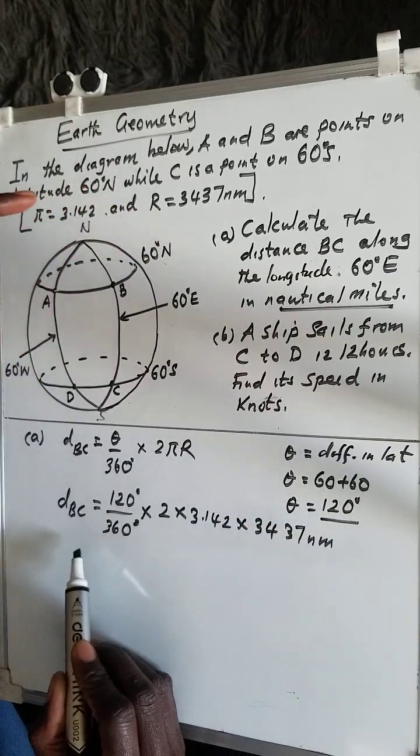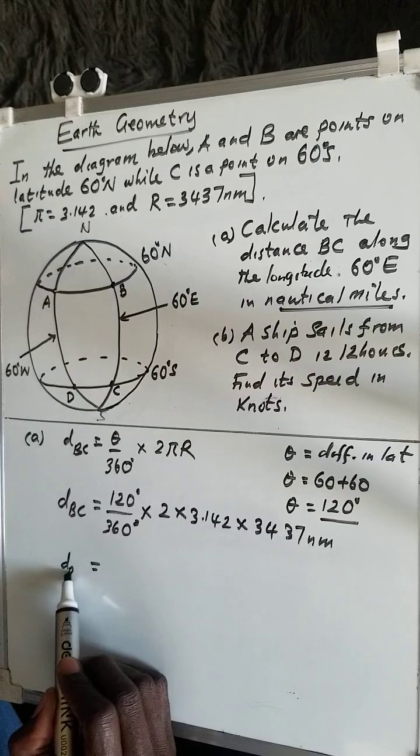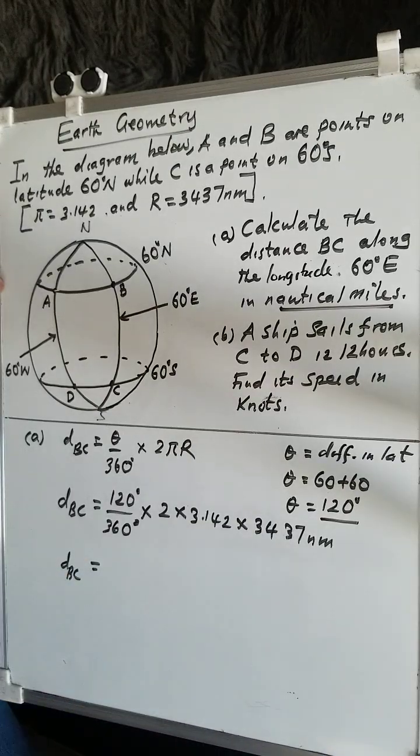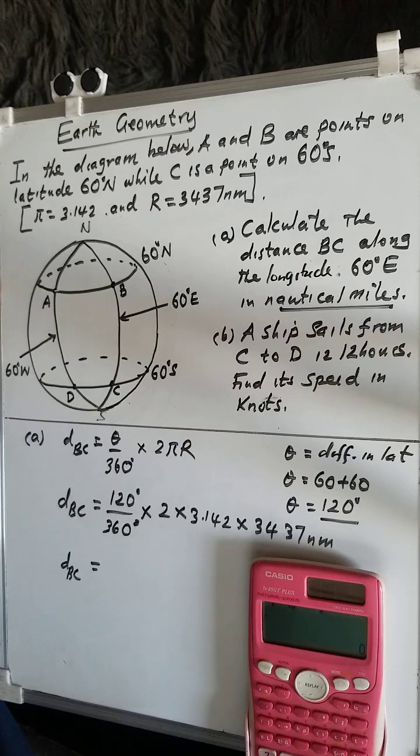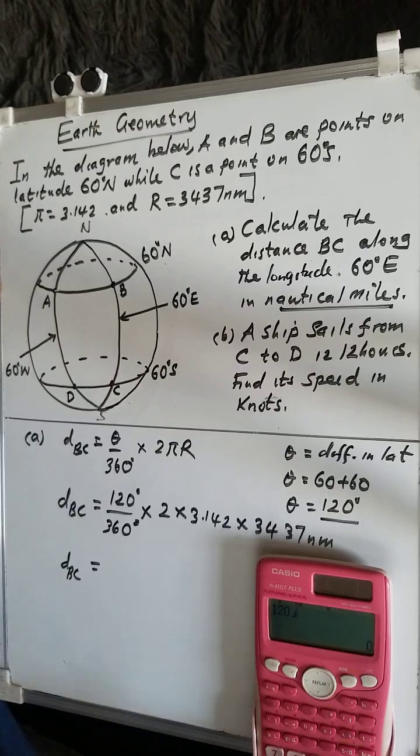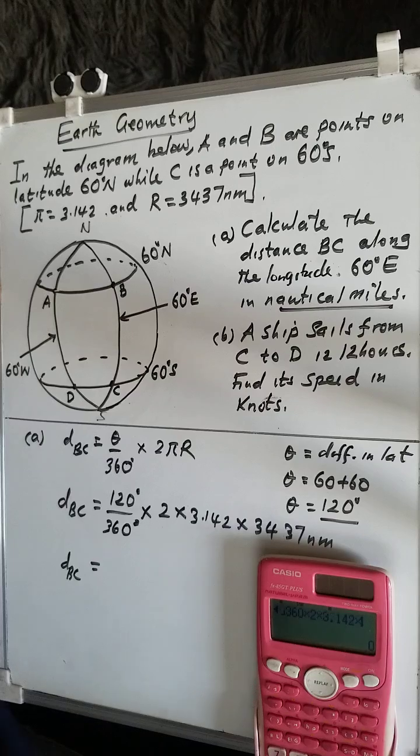So therefore, the distance BC, you can work it out on the calculator. It is going to be 120 over 360 multiplied by 2 times 3.142 multiplied by 37.